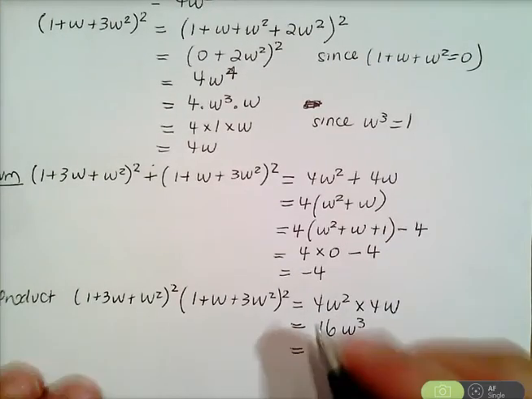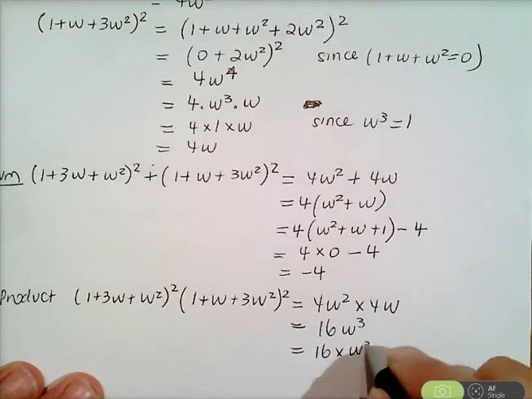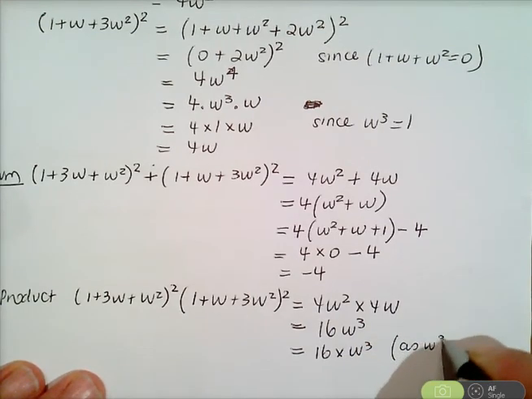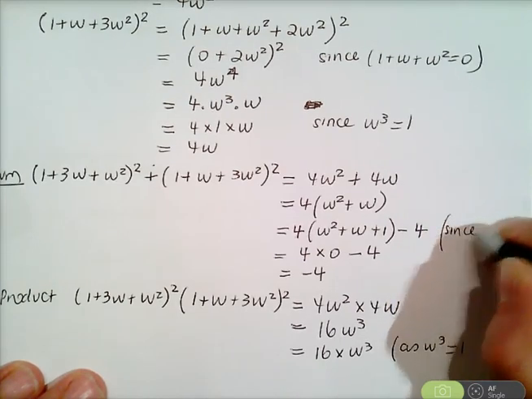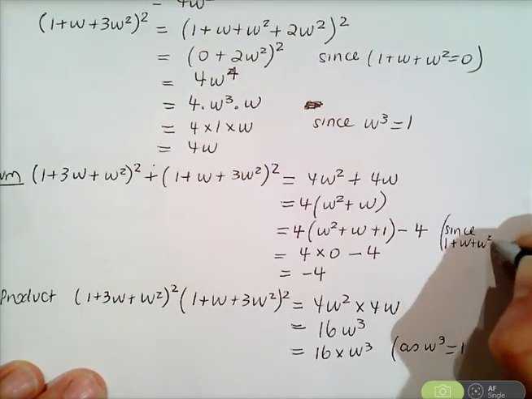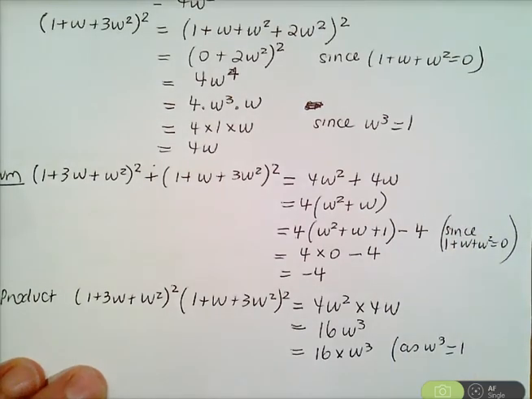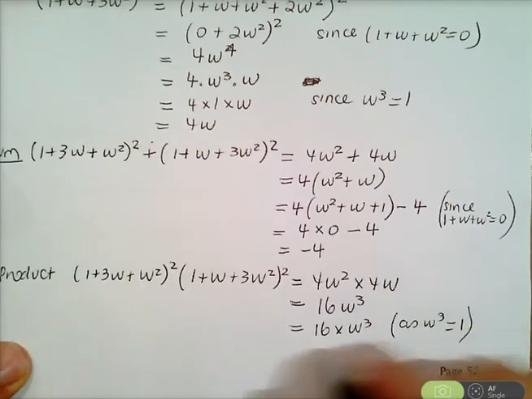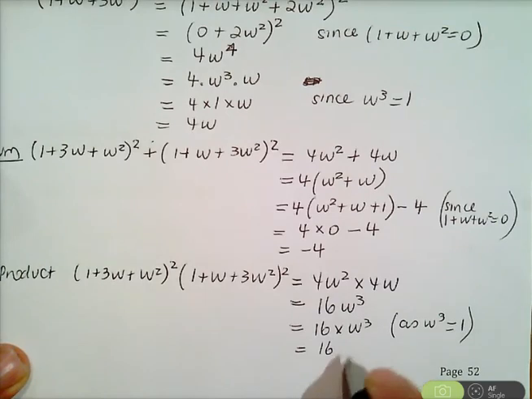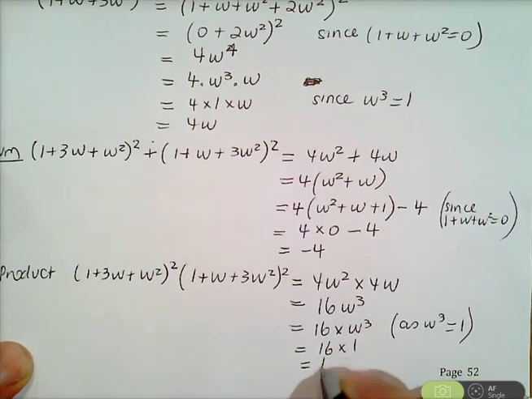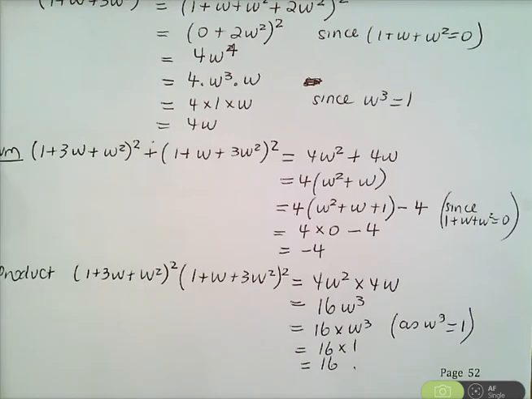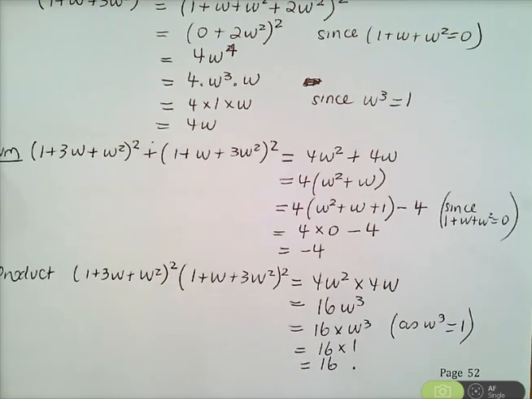So that's the same as 16 times w cubed, and you might want to write w cubed equals 1. And also you want to write here, since 1 plus w plus w squared is 0, you really need to refer to where you're getting it from. So it's 16 times 1, which is 16, and therefore that result there is also proven. Okay, so that's the end of example 7 on page 52.